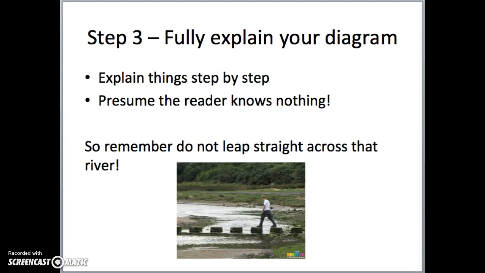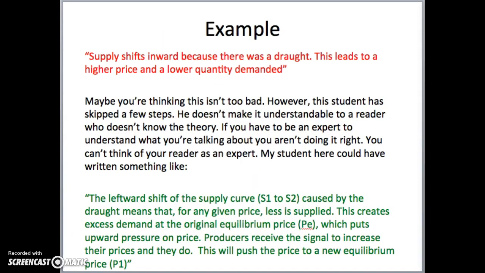So this is seen in the example here. You might think this is a good example, but that's not going to get you full marks in terms of explanation and analysis of the diagrams itself. You need to be able to explain the diagrams fully. So the second part here is a better explanation.